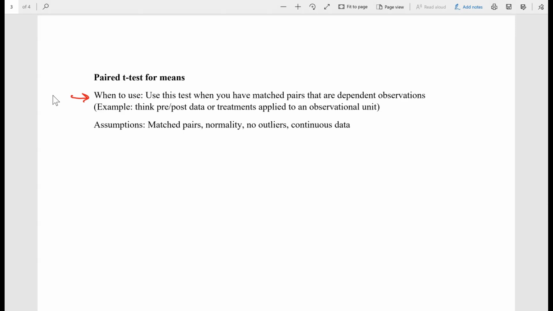Well, this test is for when you have matched pairs, that are dependent observations, so they depend on one another. You can think of pre-post data. So if you're looking at something that you did before and then something that you did after, or maybe you took an exam and then did a makeup, to see if there's a comparison between those two tests.